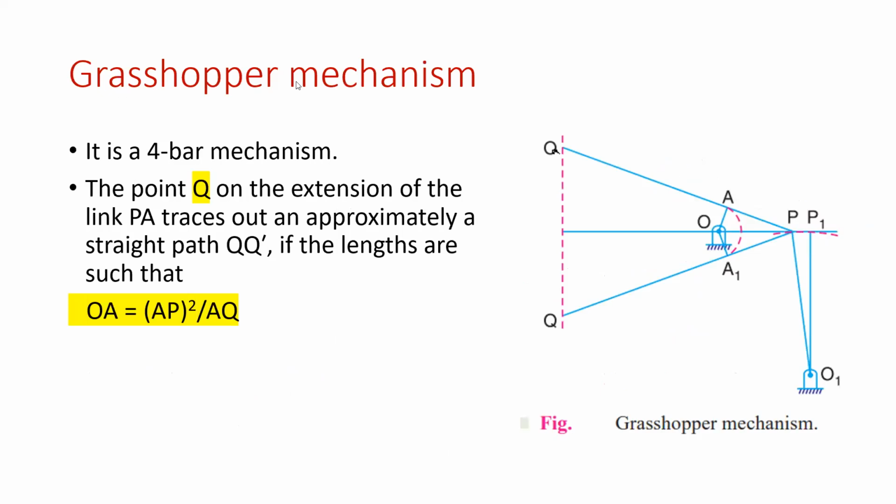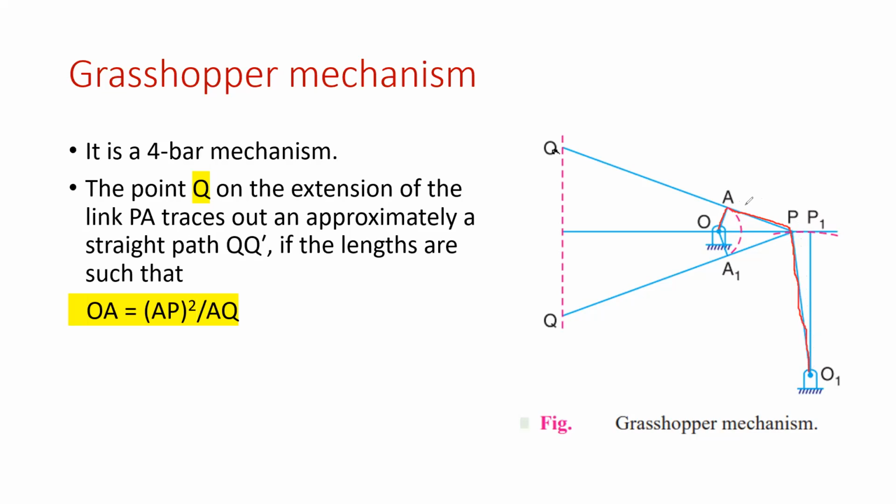next is the grasshopper mechanism. Okay, so you can see that it is a 4-bar mechanism. So which are the links over there? So link OA is one link, then link AP second, then link O1P is your another link.